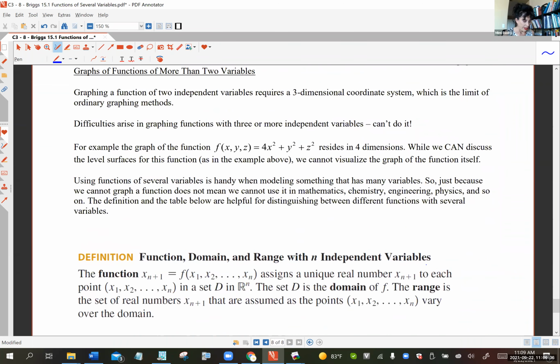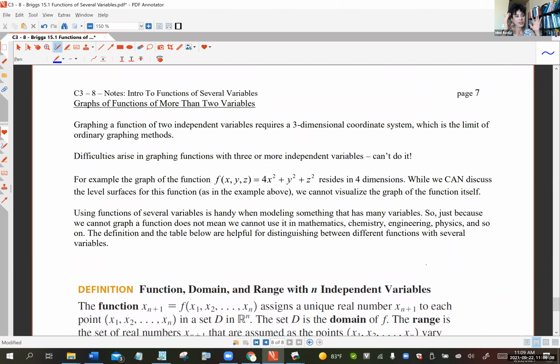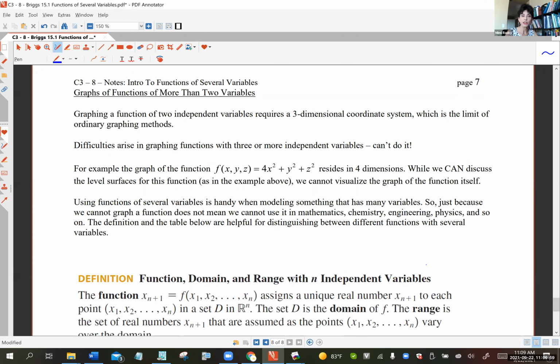Okay. Now, to wrap this whole section up, this is where I ask you to sort of imagine other dimensions. We're not going to really get into lots of strange dimensions in this class, but if you're taking a linear algebra class, they do. They don't graph, but they deal with many dimensions. So you can talk about functions of more than even 3 variables.